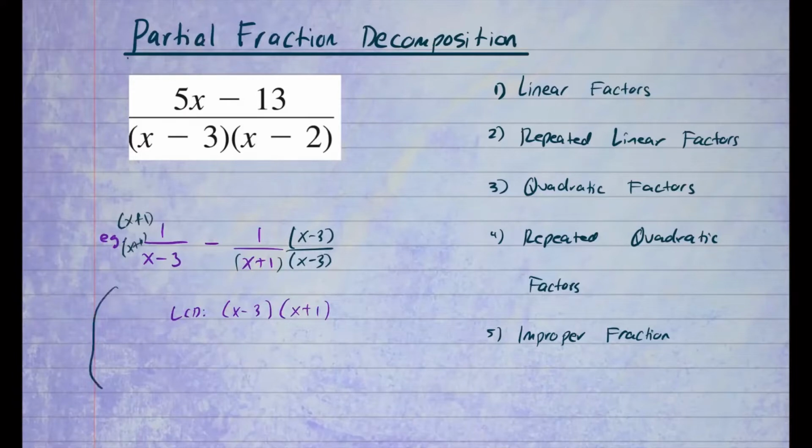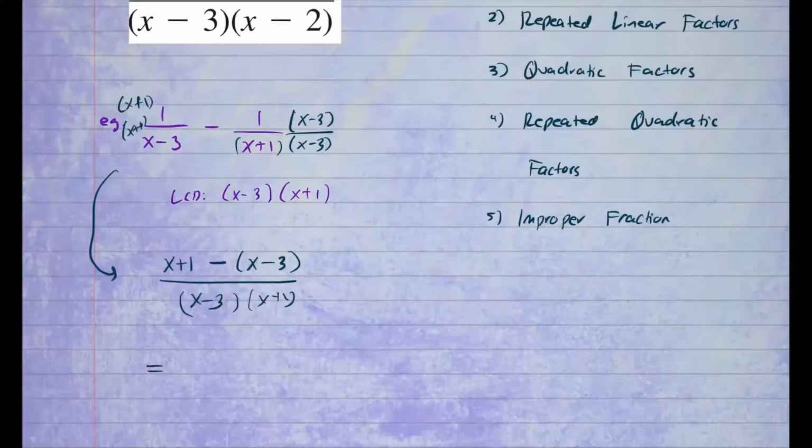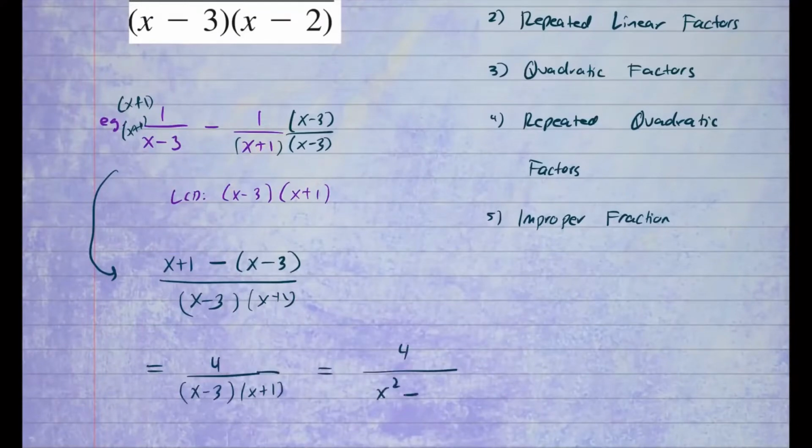Once you do that, your numerator becomes x plus 1 minus x minus 3, all over x minus 3 times x plus 1, which can be written as 4 over x minus 3 times x plus 1, or 4 over x squared minus 3x plus 1x, that's minus 2x, and the last term you get is minus 3.